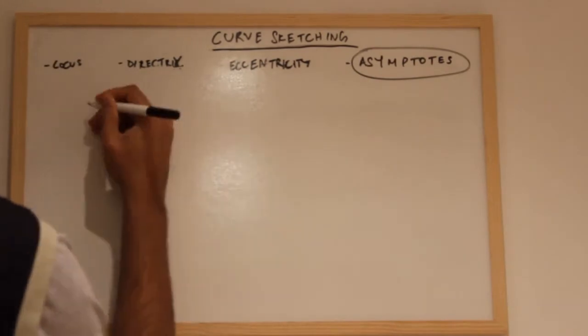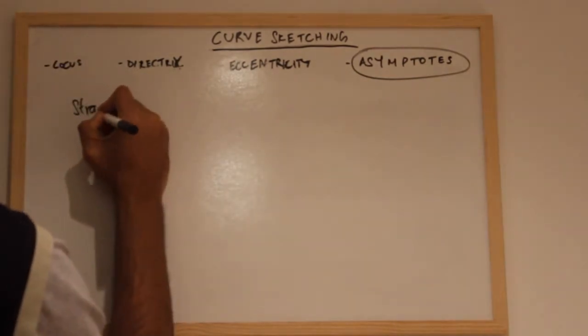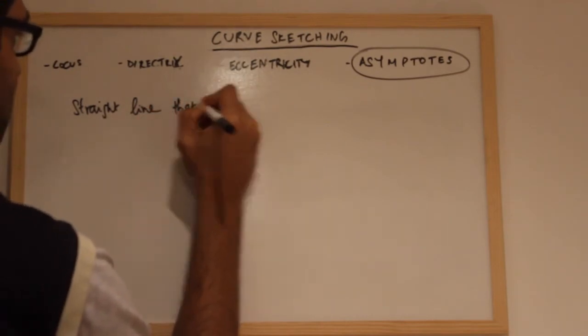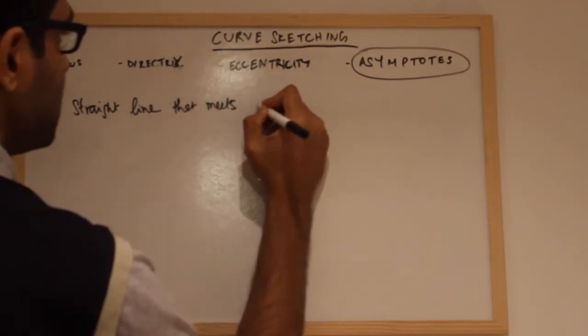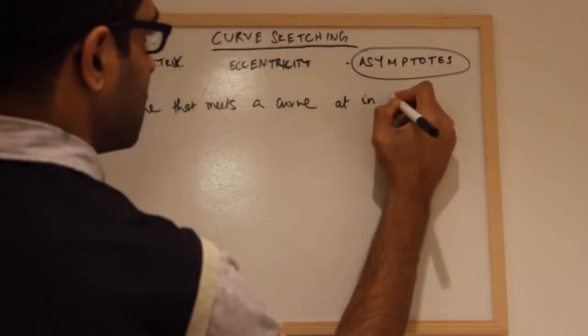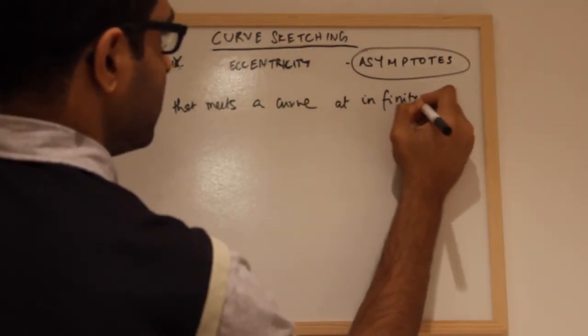Asymptote. An asymptote is a straight line that meets the curve at infinity.